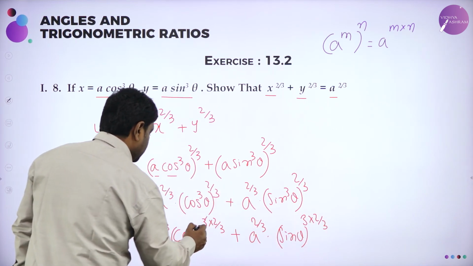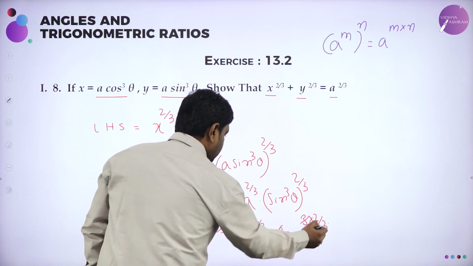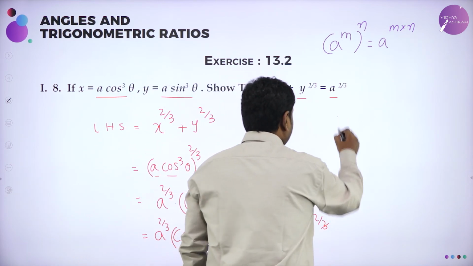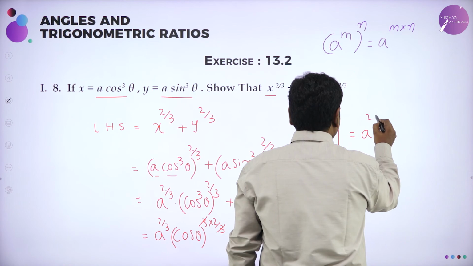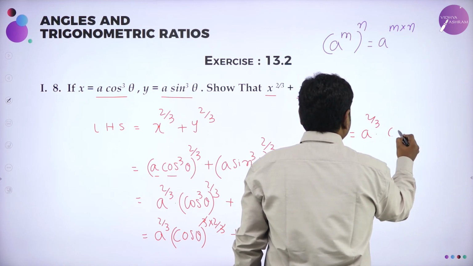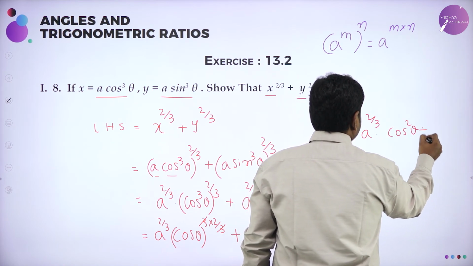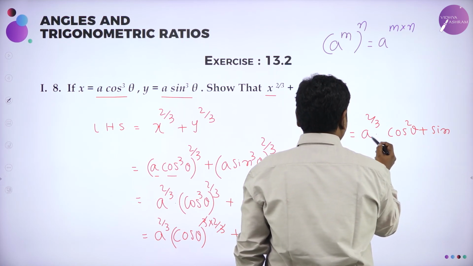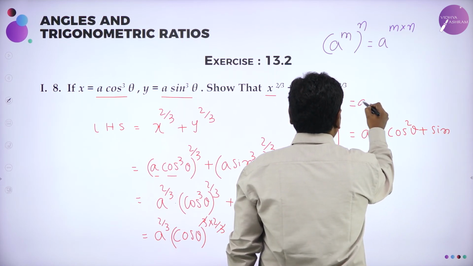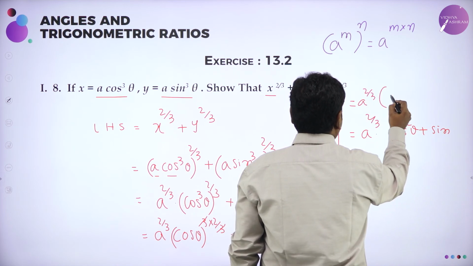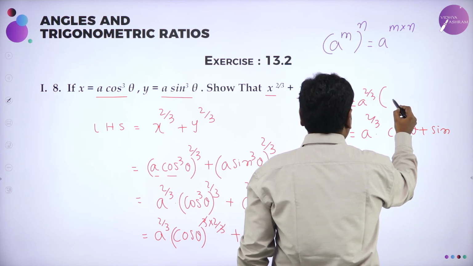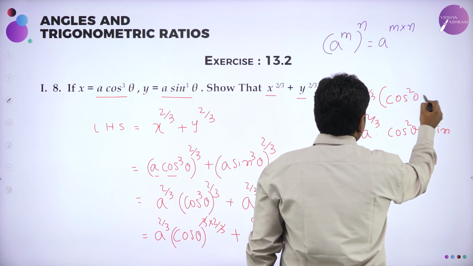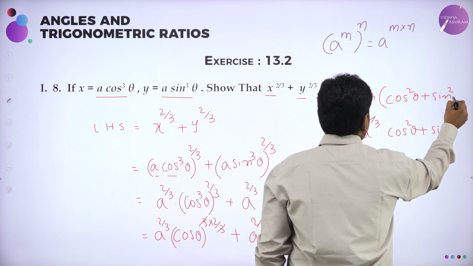So now 3 cancels, here also 3 cancels. So we are left out with a power 2 by 3 into cos square theta plus sin square theta. So a power 2 by 3 I'll take out common. If I take a power 2 by 3 common, I'm left out with cos square theta plus sin square theta.